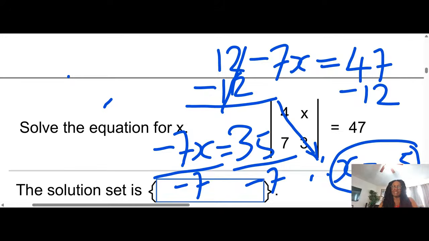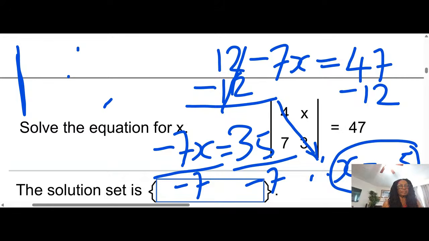Well, I can check my answer. I can go back and check my answer and see, is it true that the value of x is negative 5?